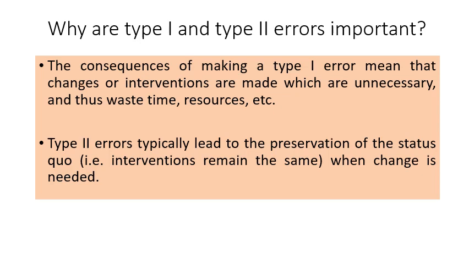And if a type 2 error is committed, type 2 errors typically lead to the preservation of the status quo. That is, interventions remain the same when change is really needed. So with a type 1 error, you've made interventions and changes which are unnecessary, thus wasting time and resources.